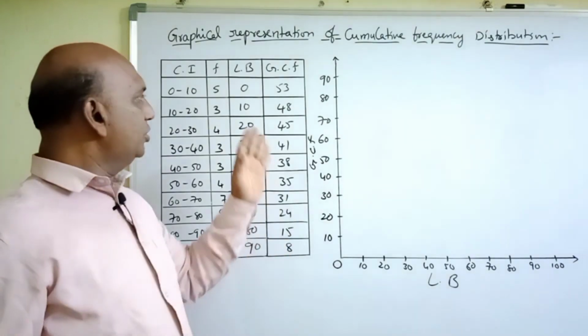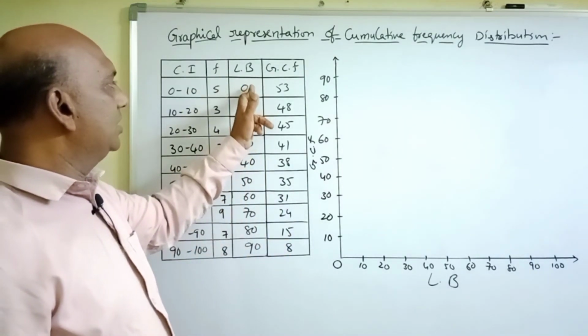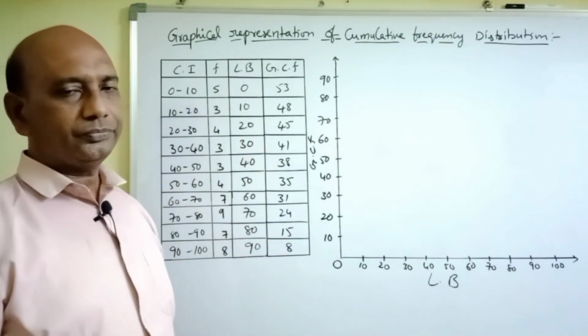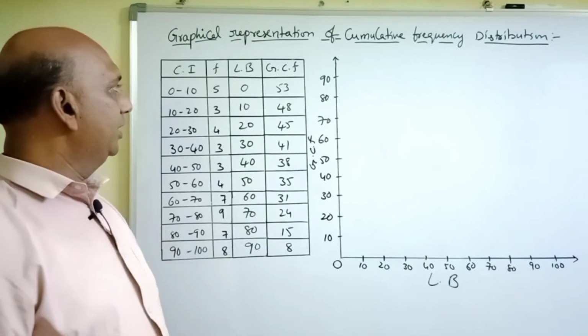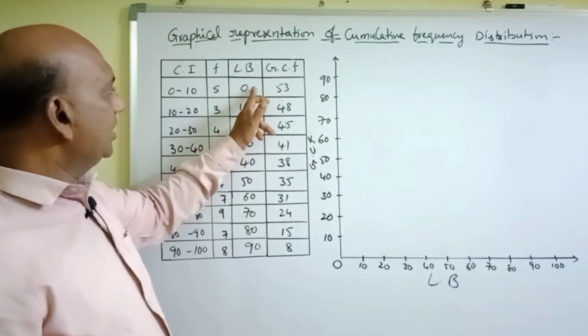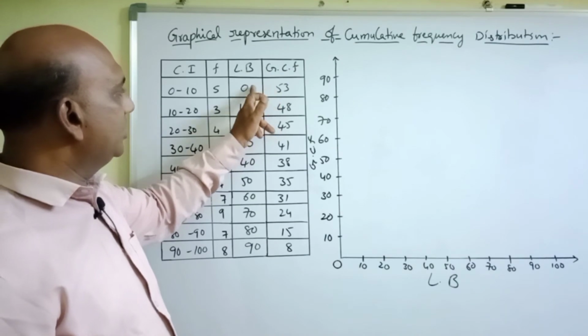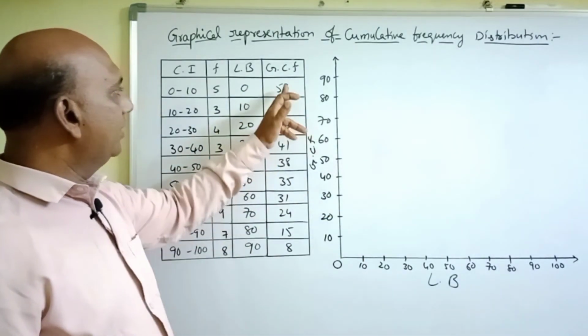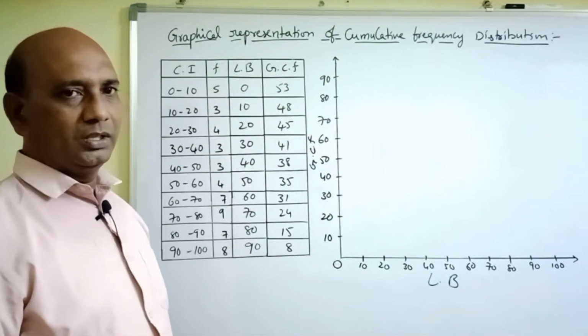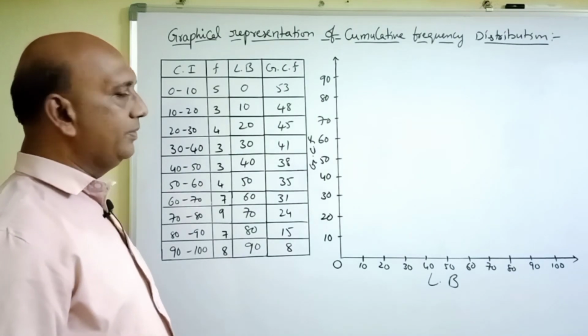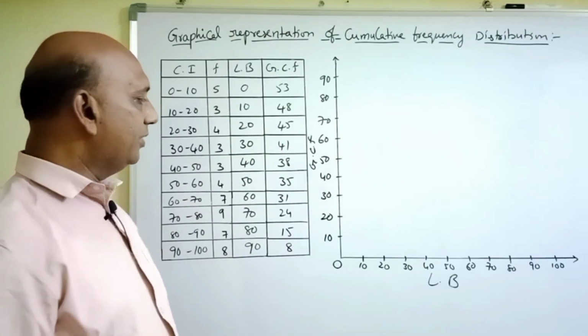Now the first point to be plotted is (0, 53): 0 on the x-axis and 53 on the y-axis. The point of intersection of 0 and 53 is taken as the first point.